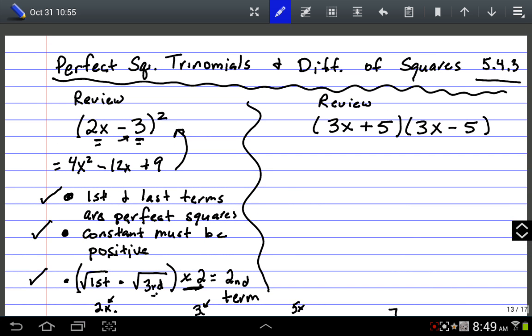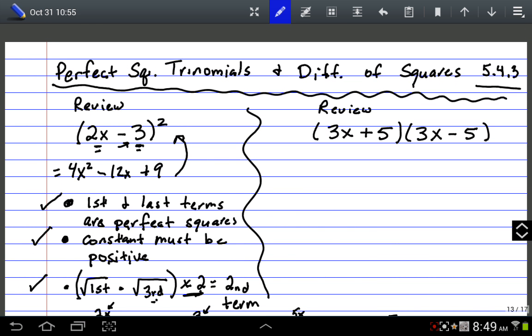Now, let's go on the right side here, and now we're going to look at what we call differences of squares. Now, this is a review, so this is not an example of differences of squares. This is actually going backwards. Now, recall we have terms to describe what these are of each other right here. One is 3x plus 5, the other is 3x minus 5. So they are not exactly the same, but the signs between them are different.